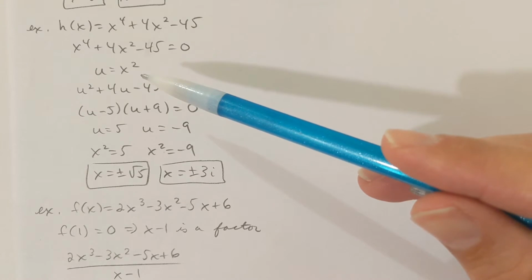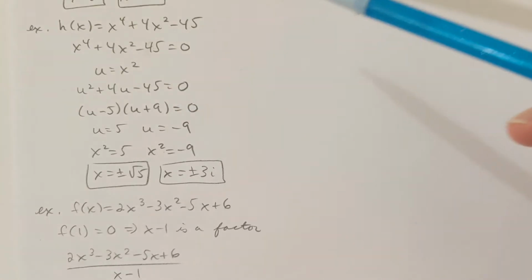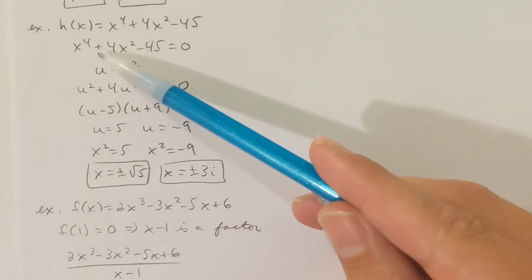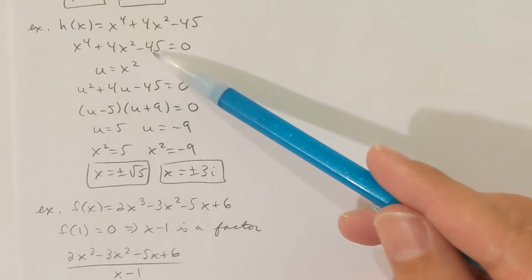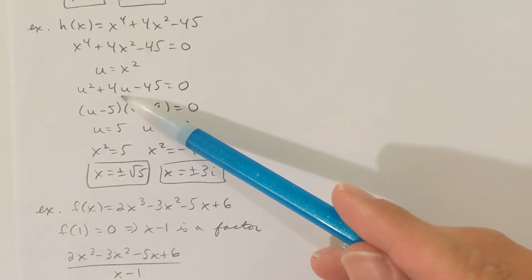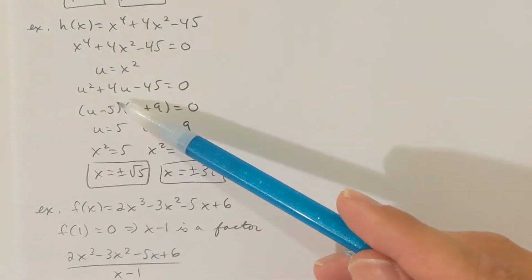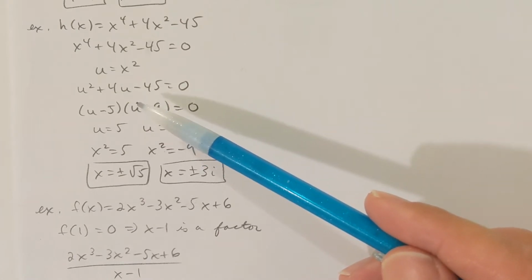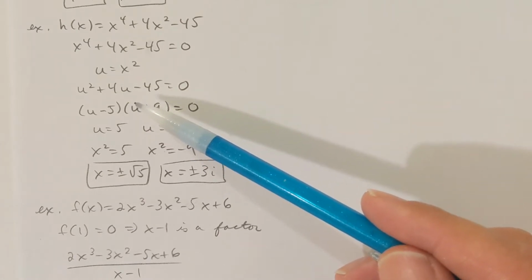U is equal to x squared, so u squared would be x to the fourth. So u squared plus 4u minus 45 equals 0. That's a quadratic equation.